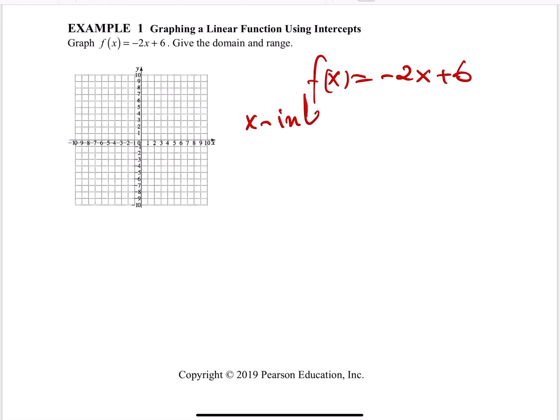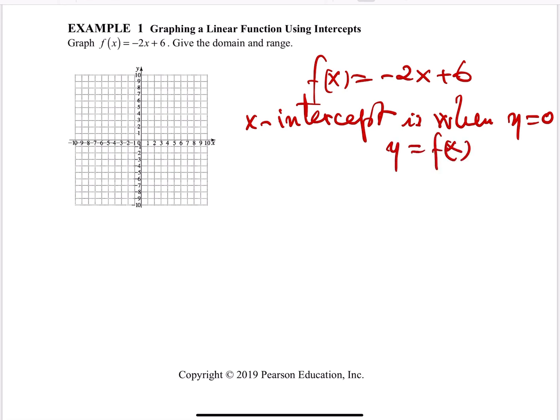X-intercept, what does it mean? The x-intercept is when y is equal to 0. But in our case, remember y is f(x). So the x-intercept is when y is equal to 0, meaning f(x) is equal to 0.